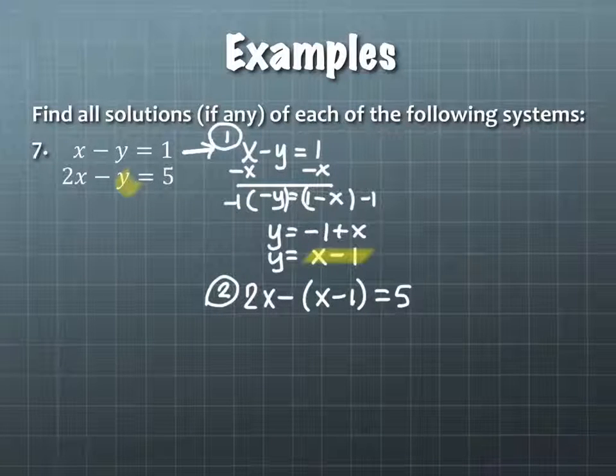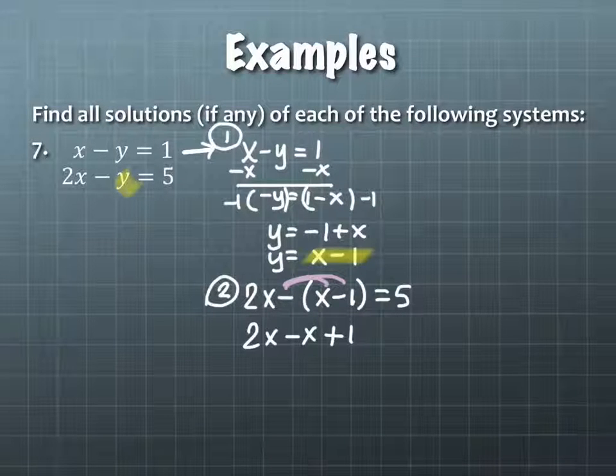We do need to be careful on this one. What would we need to be careful of, do you think? Yeah, it's really easy to forget to distribute that negative. Super easy, so be careful. We will have 2x, and then minus x and plus 1 equals 5. 2x and minus x, those combine to be what? X. So now I have x plus 1 equals 5.